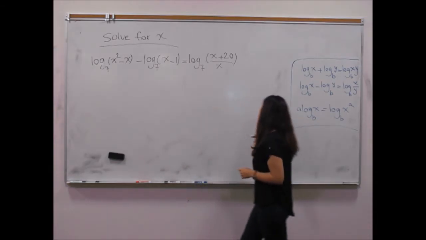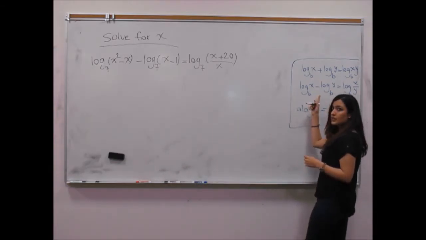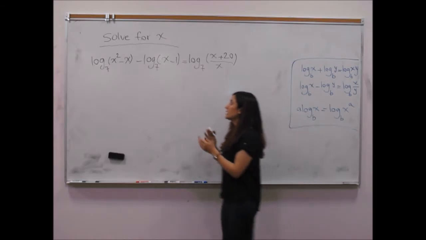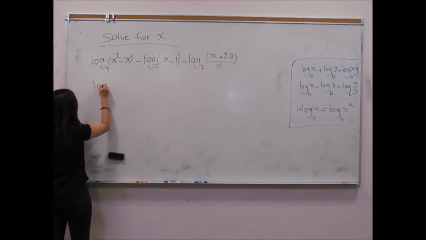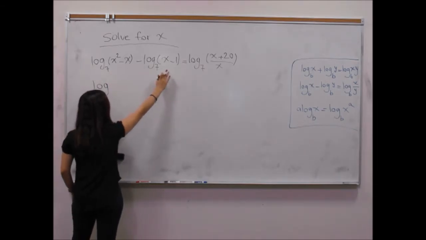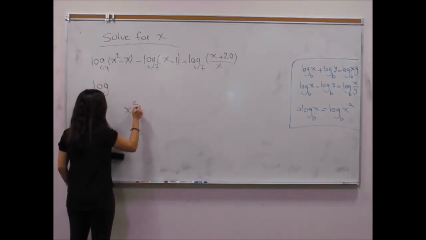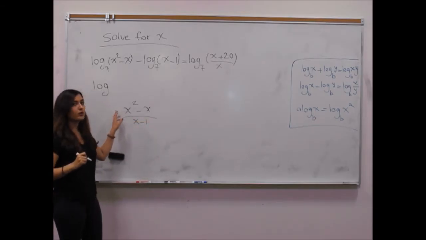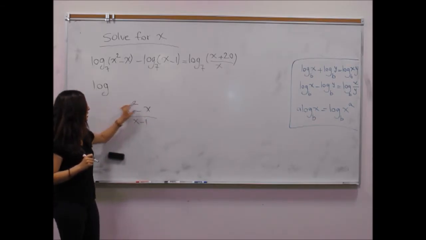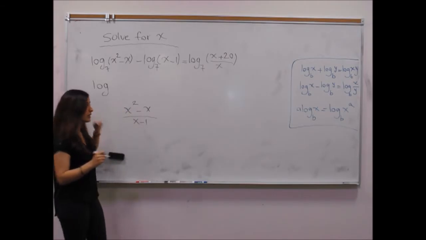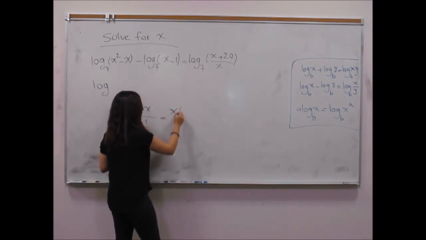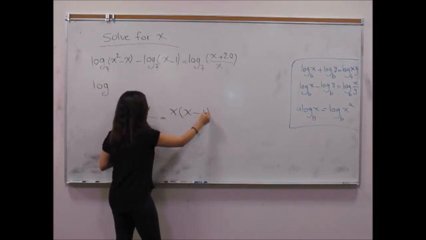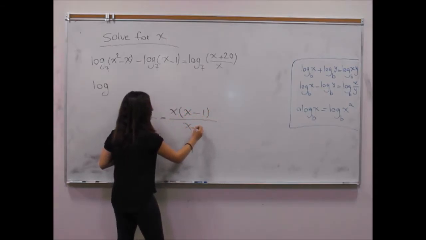So I'm going to use this property, the second one, to condense the left side. So this is log of this one divided by that one. So I have x squared minus x over x minus 1. So in x squared minus x, there's a common factor of x. I'm going to take that out. So if I factor the x, I get x minus 1, and then it's over x minus 1.